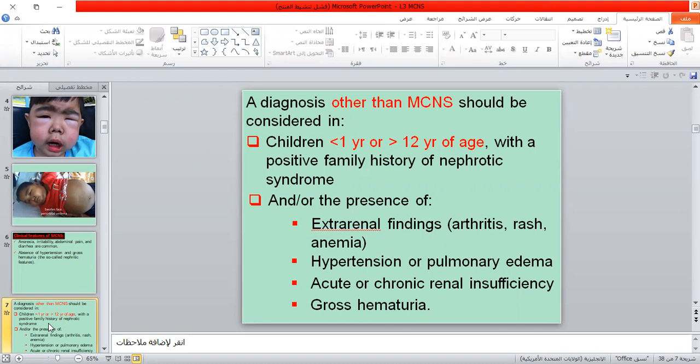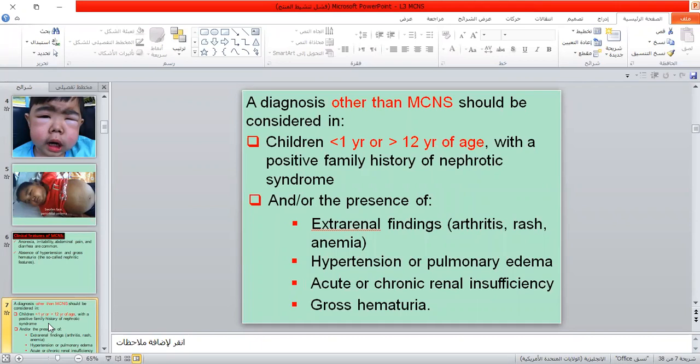So any children have edema and proteinuria less than 1 year or more than 12 years, I must consider other diagnoses other than minimal change nephrotic syndrome, especially with strong positive family history of nephrotic syndrome.